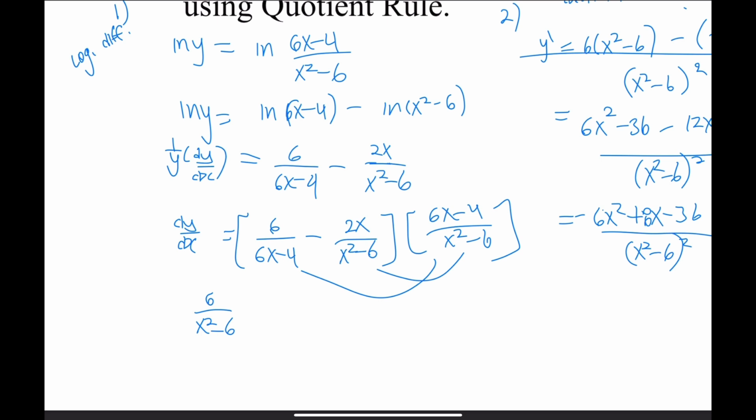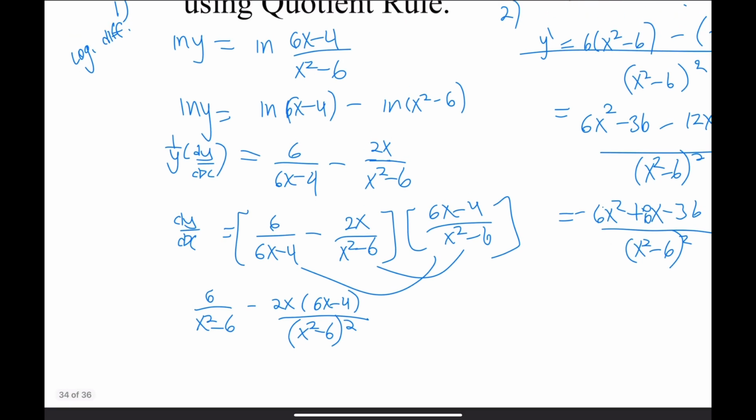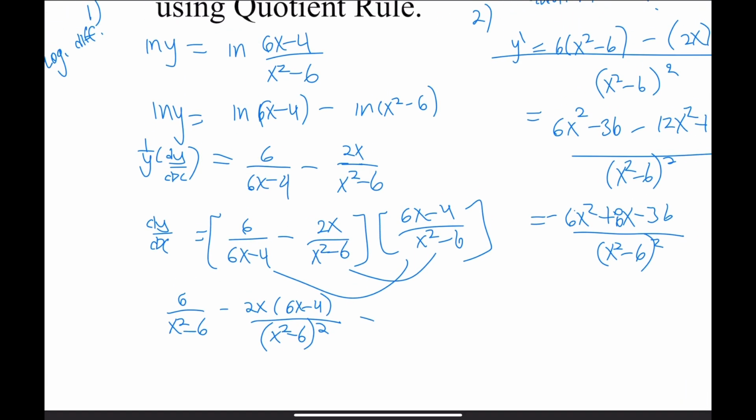And then we also have negative 2x times 6x minus 4 all over x squared minus 6 to the power of 2, right? Okay, so this is equal to x squared minus 6 times x squared minus 6, so combining denominators, minus 2x times 6x minus 4.